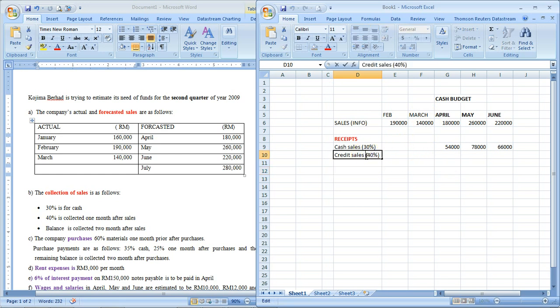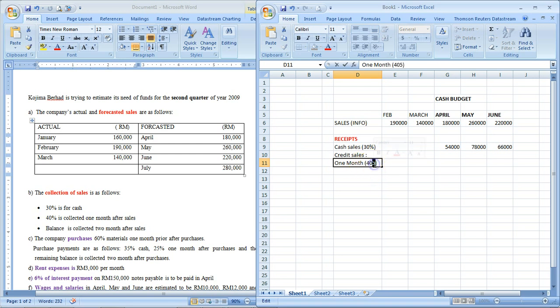We have to divide credit sales into two: one is one month, and another one is what, class? Very good, two months.